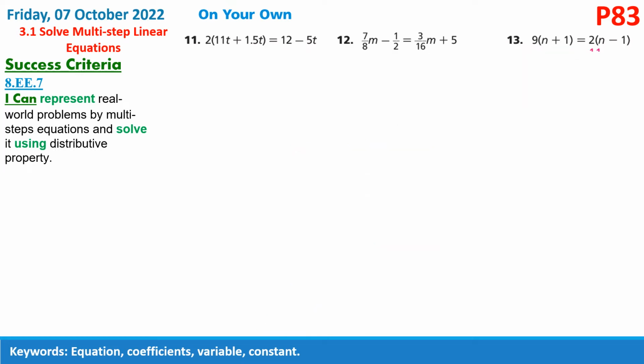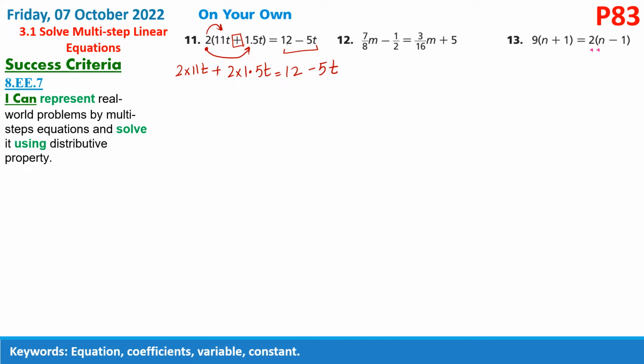Let's solve question 11. To multiply this by this, that is, 2 times 11t. Okay. Then this sign write as it is. Now again multiply this outside thing with inside, that is, 2 times 1.5t. And this thing here, this one, write as it is.